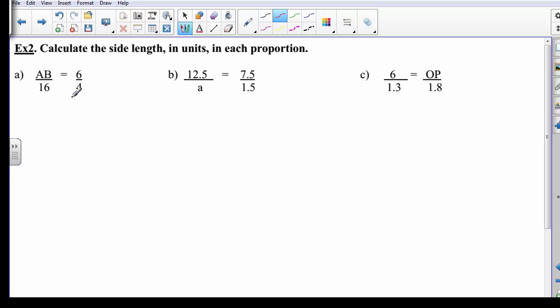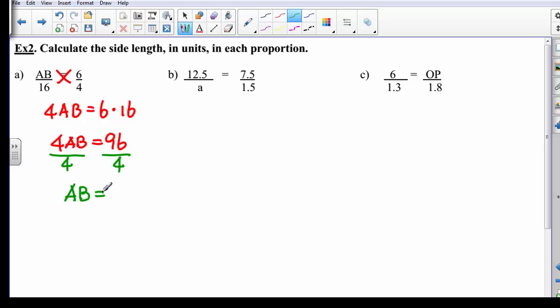If I want to find AB in a proportion, the best way is to use cross multiplication to solve for the missing value. 4 times AB equals 6 times 16. 4 times AB equals 96. Then I use the skill that I learned from solving equations. I divide both sides by 4. Then we can find that the length of AB is 24 units.